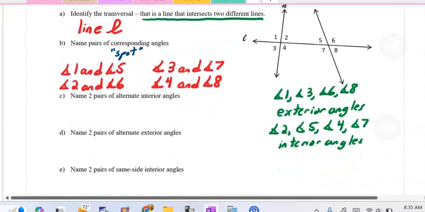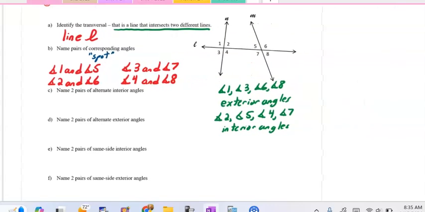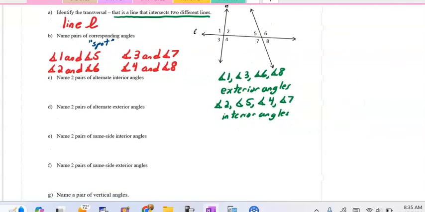All right. Then we have some other vocabulary words. I'm going to shrink this down a little bit. The word alternate means kind of on the other side. So here we have angle 2, and I want interior angles. So if I were to alternate along that transversal, this yellow line, and they both have to be interior, 2 and 7 are considered alternate interior angles.